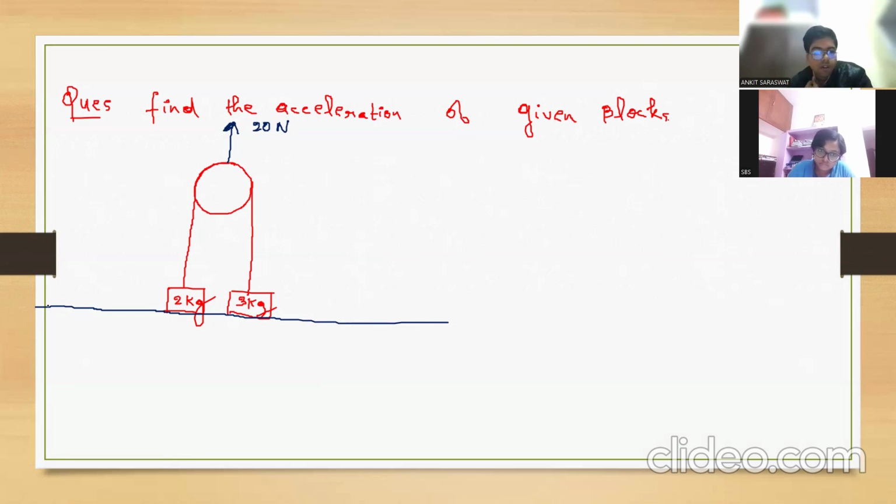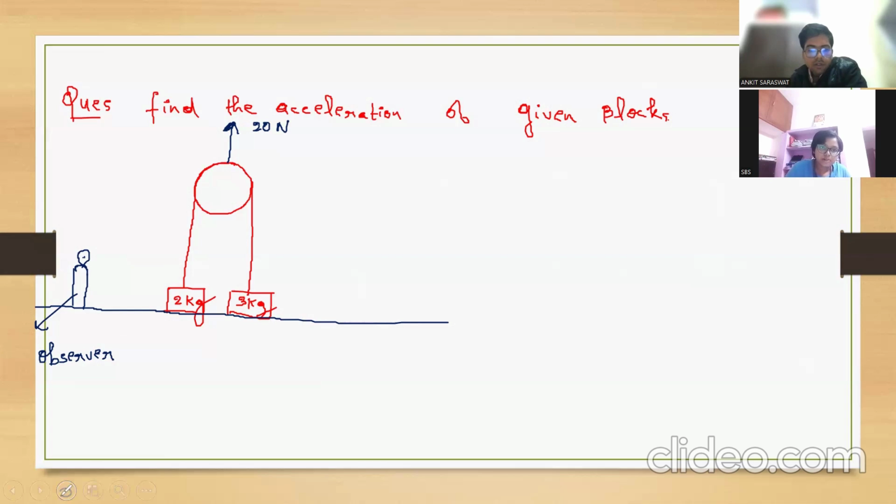Here you can consider one observer is here on the ground. This is the observer. Please do. Find the acceleration of given blocks.